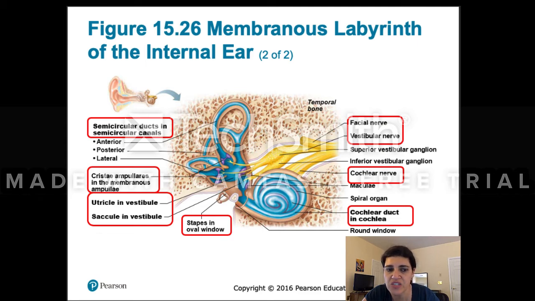Crista ampullaris is filled with little rocks, and these little rocks that are called otoliths will help to give you the response to angular rotational movements of your head. Okay, so when you spin, you're using this organ to give you the idea that you are spinning. And when you stop spinning, because these structures are still moving, you still feel dizzy, right?